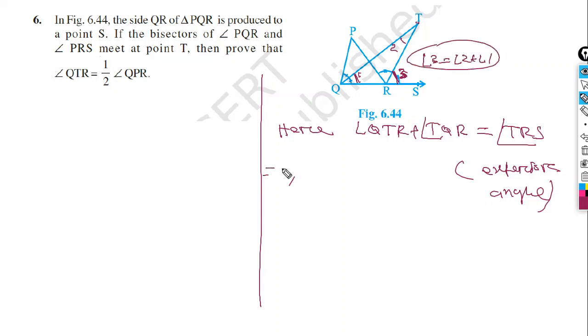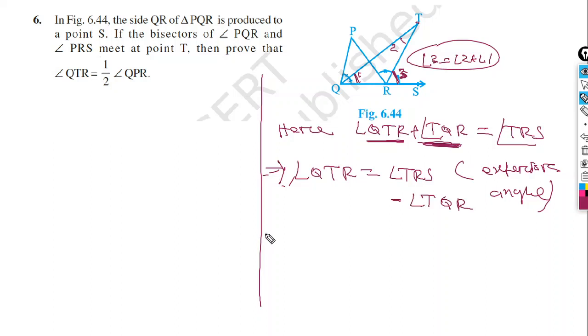Now we need angle QTR only. So we will write here, angle QTR equals angle TRS minus, we will transpose this angle to RHS, minus angle TQR.